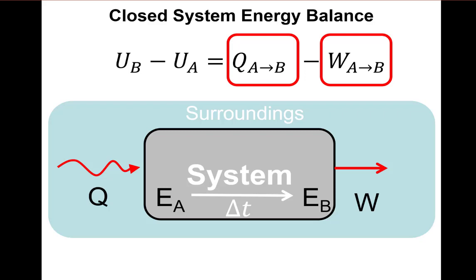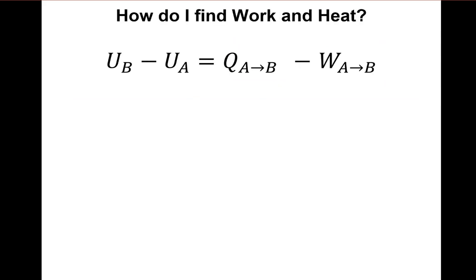Remember, in the first third of the class, we would find work as the integral of P dV, then we fix the states to find delta U, and then we use the first law to find Q. In an Otto cycle, we'll assume that all the processes are simple processes, so that either they transfer heat or they have something to do with work, but not both, right? So how do I find work and heat, right?